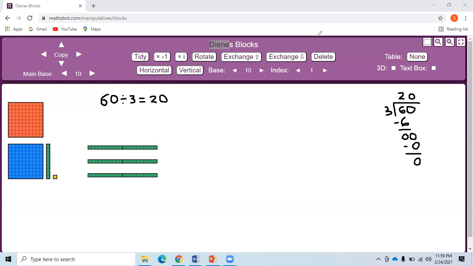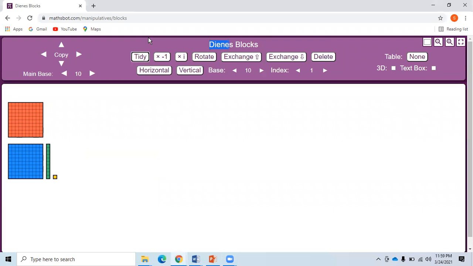Let's look at another problem. And this time we are going to look at 607 divided by 2. And writing the algorithm, I have 2 into 607.